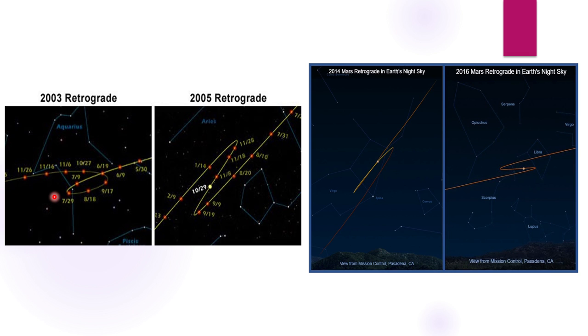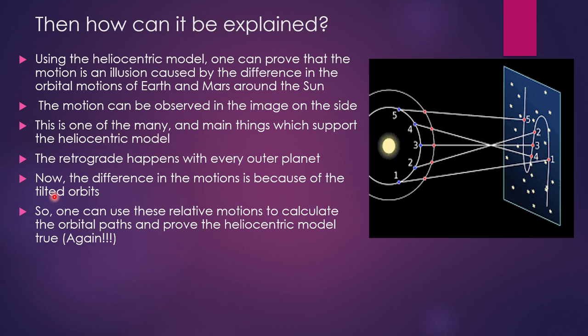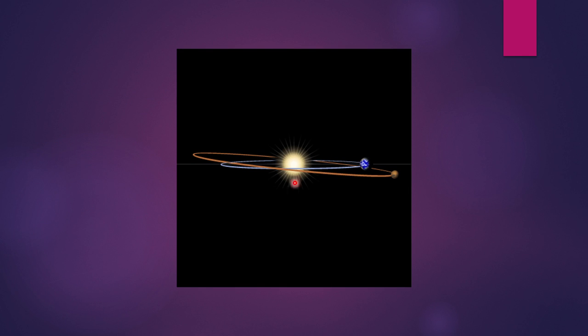Now we assume that all the planets are orbiting the sun in the same plane, but that's not the case. If you look at this image, the blue orbit is the orbit on which Earth is moving, and the orange path is the orbit on which Mars is moving. And you can see that there is a little bit of an angle, a tilt between the orbital planes of these two planets.